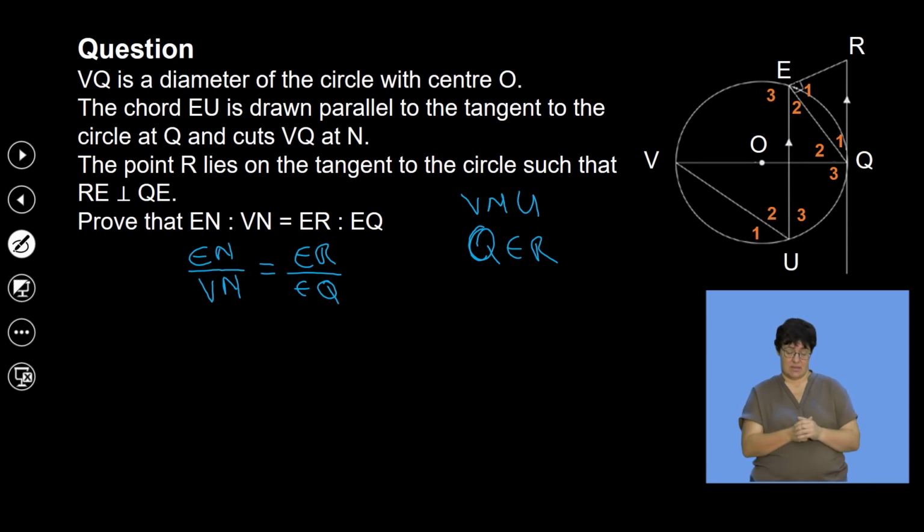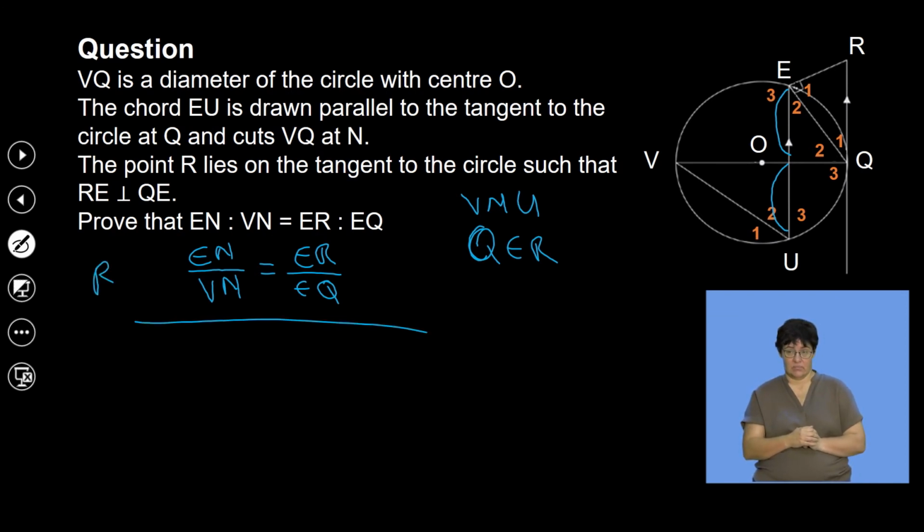Then I will see whether I do have all of these things that are there, right? What do I know? They want me to have EN, right? So EN is not there on the diagram that I have, but I know that EN is going to be equal to NU. Why? Because of line drawn from center perpendicular to chord.